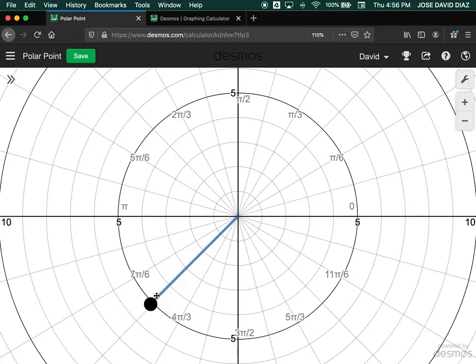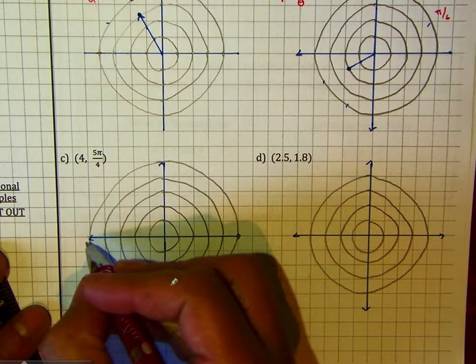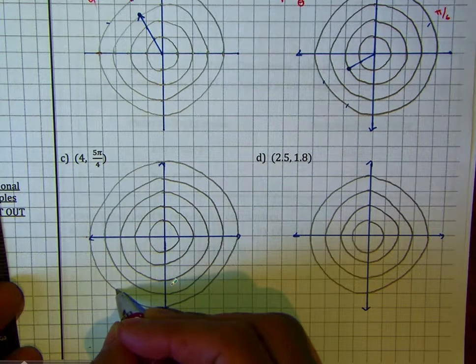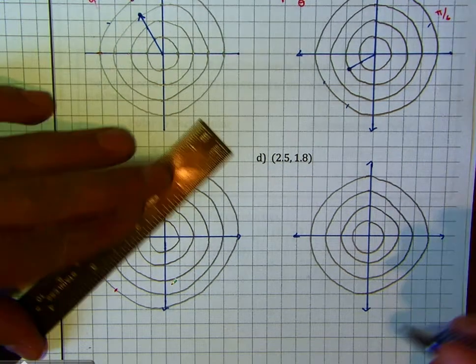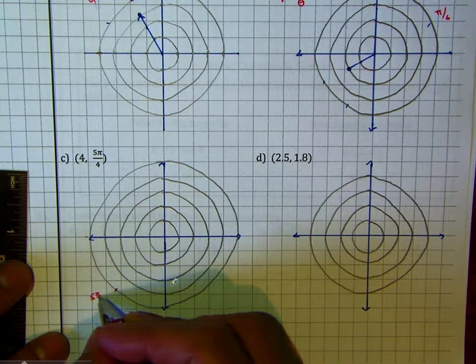And I'm going to go positive 4, so therefore I'm going to go towards that direction. 1, 2, 3, 4. That's where the angle will be located. So this is 4 fourths, so 5 fourths will be your angle. Let me go and label it 5 pi over 4.